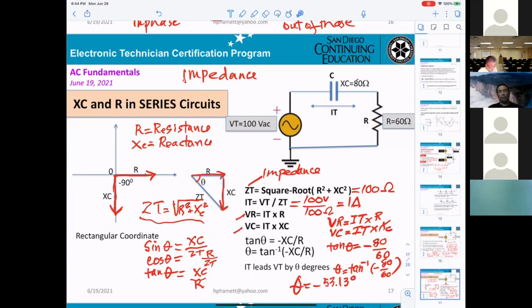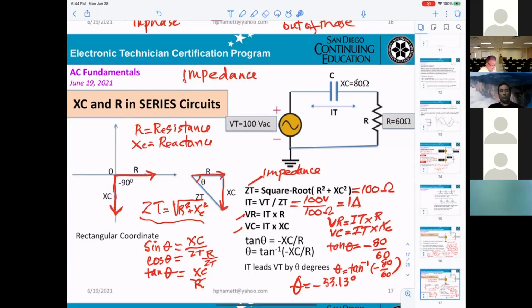Now, if they want you to do the calculation, they do the total Z. That's what you use this formula for. If they want to calculate IT, it will be equal to VT divided by Z total. If you want VR, VR equals IT times R, and VC will be IT times XC.